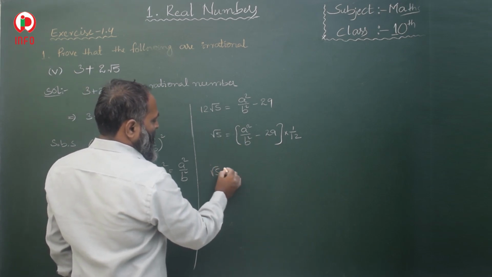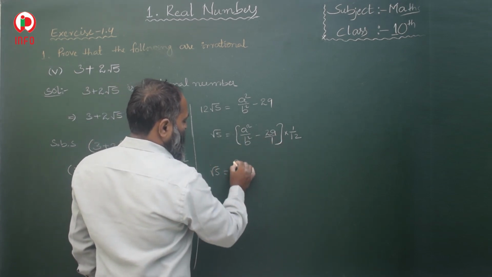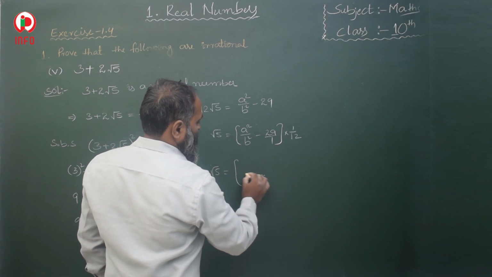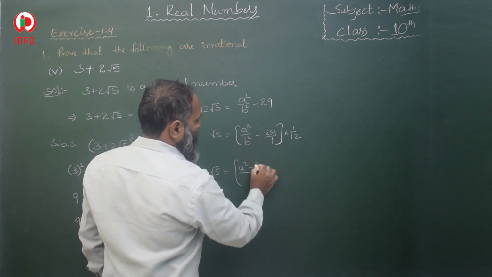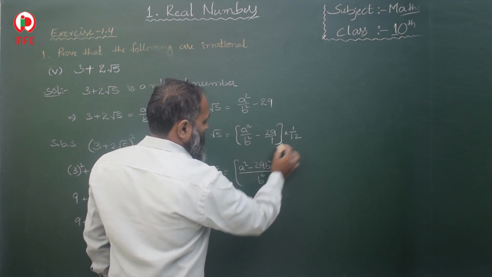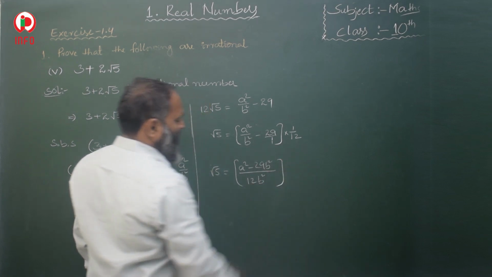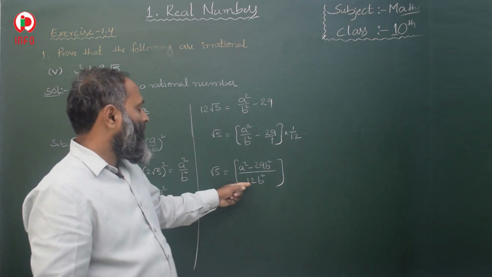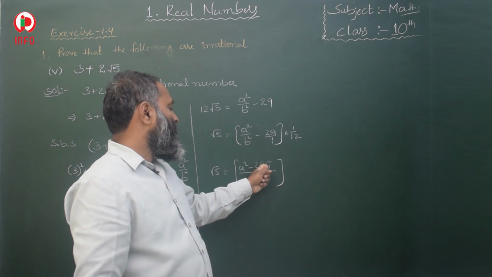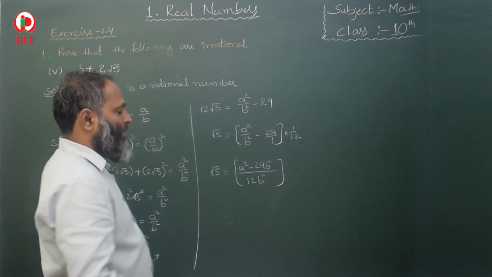If you take LCM, then root 5 is equal to a square minus 29 b square on 12 b square. Now here a, b, 29, 12 are all positive integers.